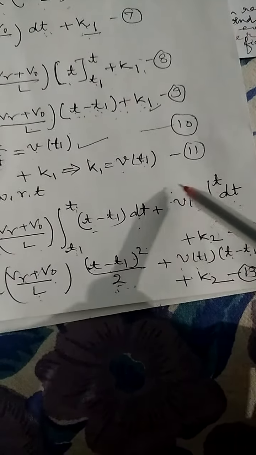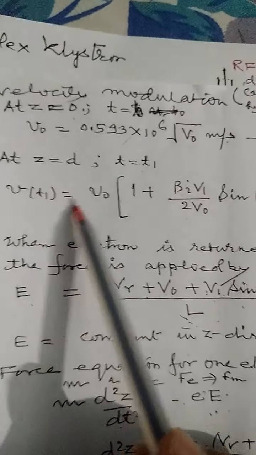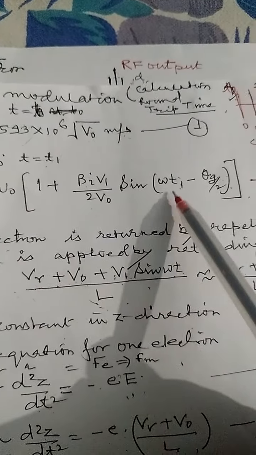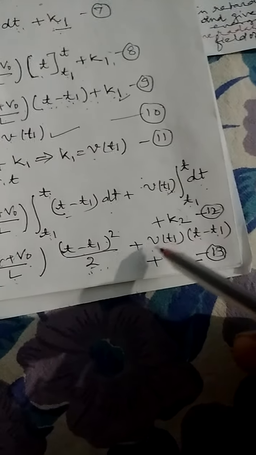As v of t1 does not have the t variable, from the initial equation we see that v of t1 is equal to v naught into 1 plus beta e v1 divided by 2 v naught sin omega t1 minus theta g. So t is not there, that's why it is acting just like a constant.